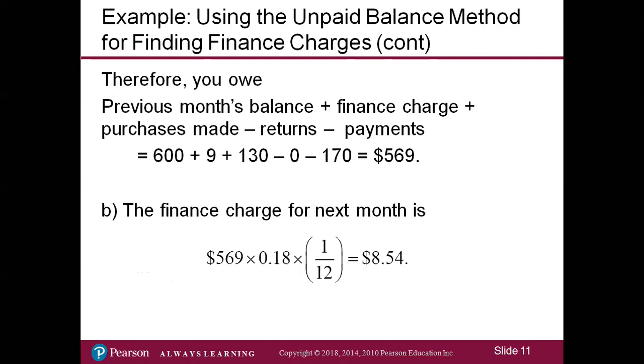The finance charge for next month then is the $569 times R times T, which is 1 month. Same interest rate from before, but our 569 is the P we use now. The finance charge for next month is $8.54.